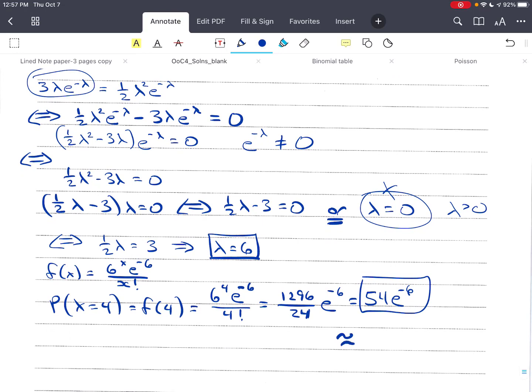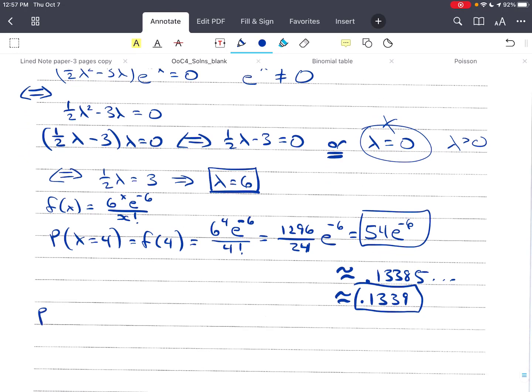And this is approximately 0.13385, so 0.1339.